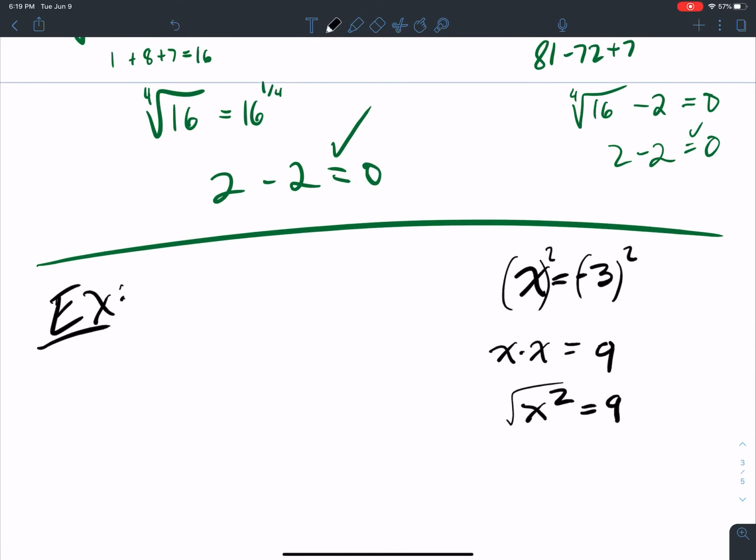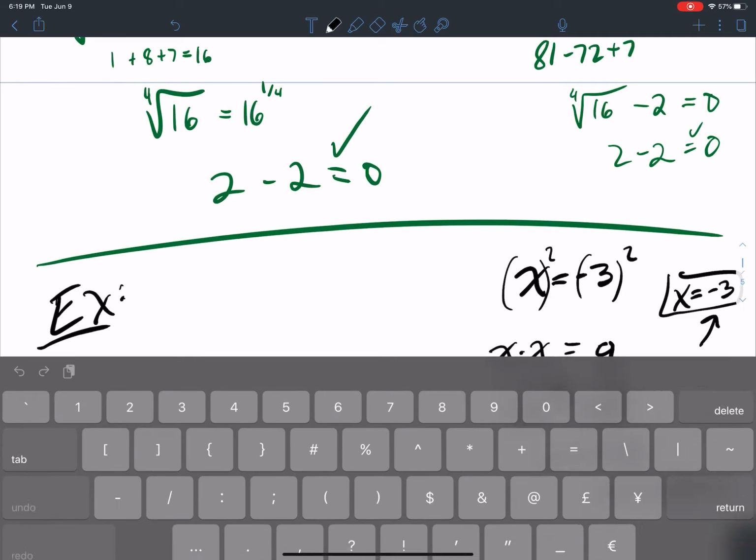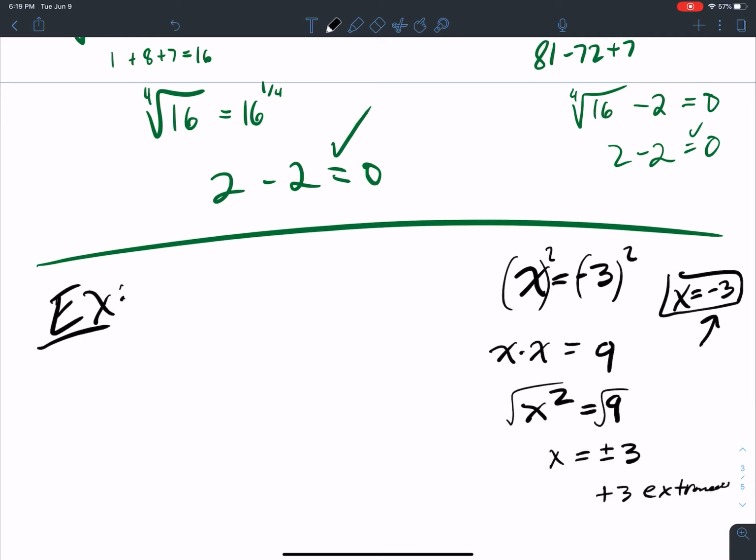Well, the square root property says x equals plus or minus 3. But we know we started with x only equaling negative 3. So the positive 3 is extraneous, whereas the negative 3 is the solution, okay? So that's just an easy way to see what I'm talking about.